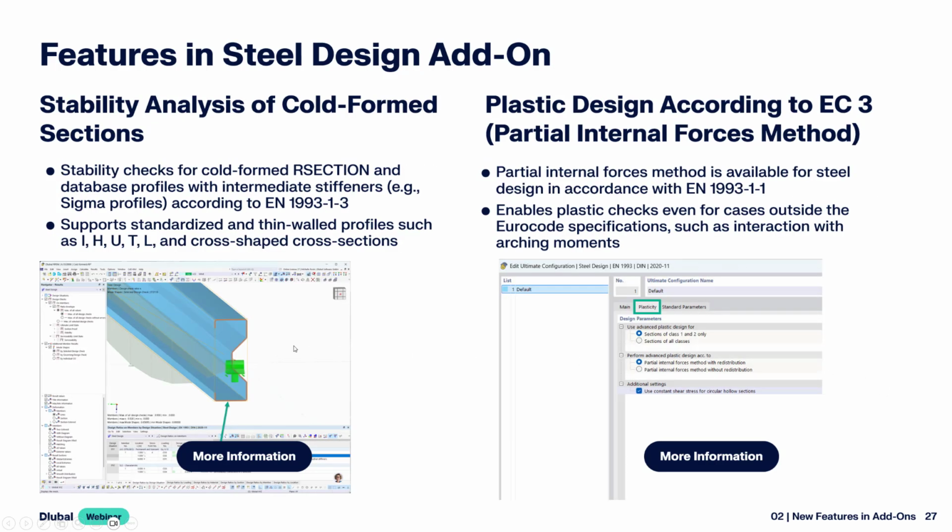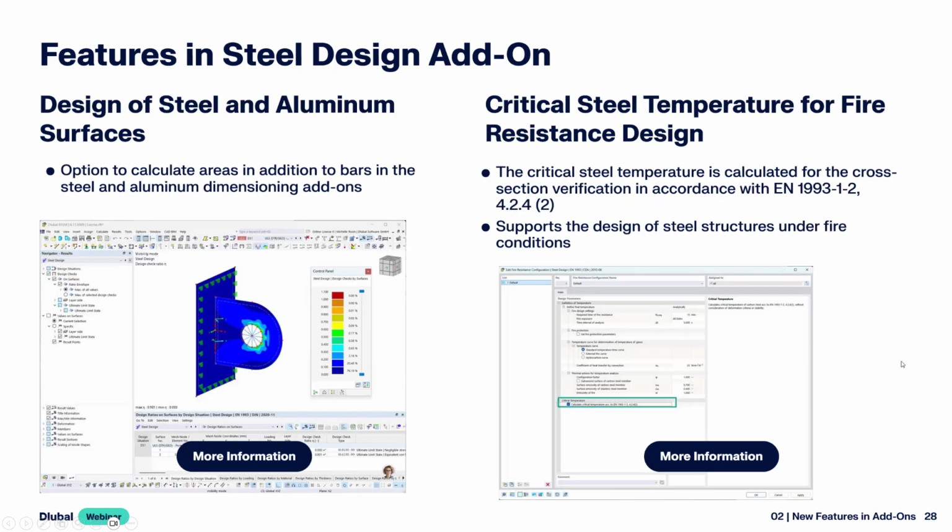Then features in the steel design add-on. You can now analyze code-formed sections. And new is the partial internal forces method for the plastic design according to Eurocode. Then, the design of surfaces is now possible.